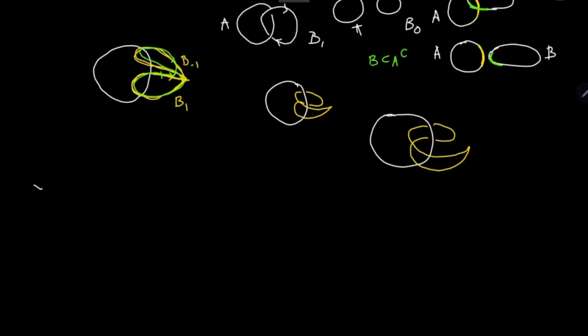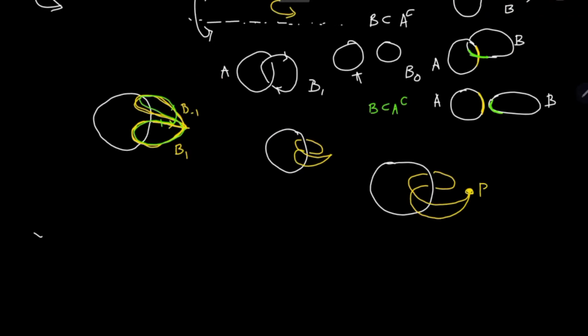This is the base point. So this loop is in some way an addition of b1 and b minus 1, and you see that you can just shrink this loop this way. So this loop is nothing but the trivial loop, which is b naught.